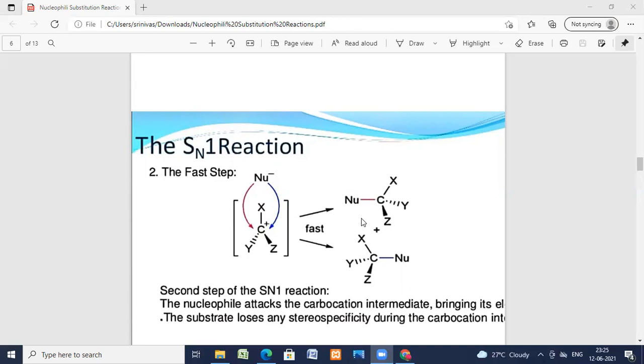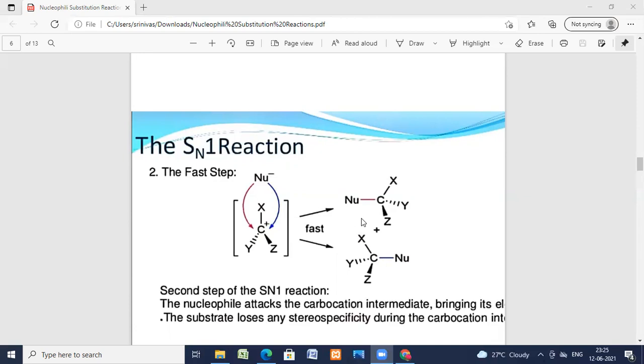If the nucleophile attack is fast, only backside attack is possible. If the nucleophile attack is slow, then the carbocation is formed. The nucleophile will attack the carbocation from either side to form the racemic mixture. If it attacks from the backside, you get the inverted product, which is the major product.